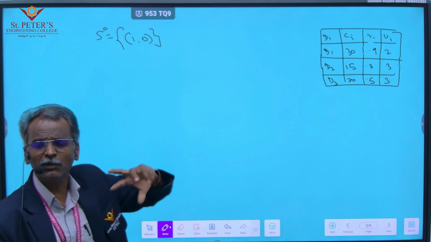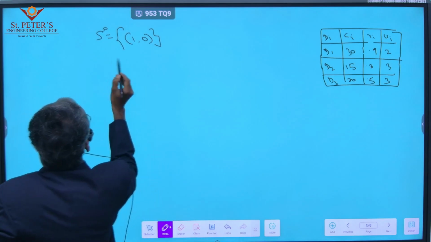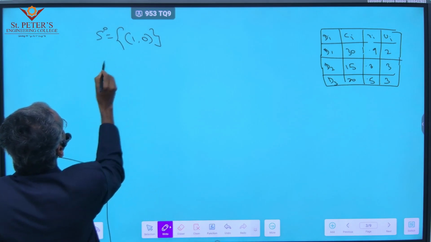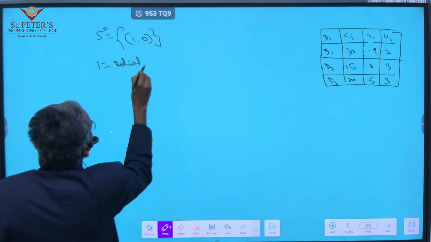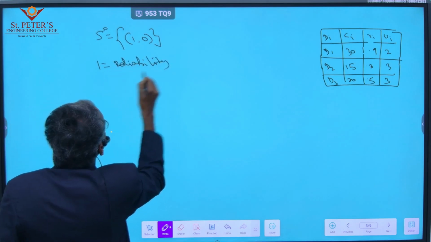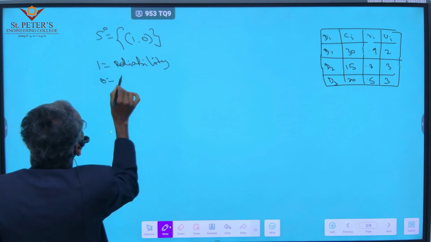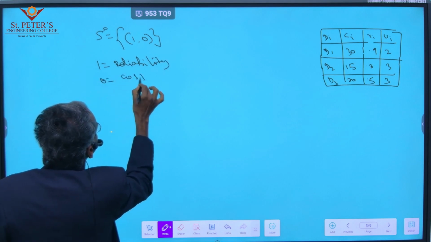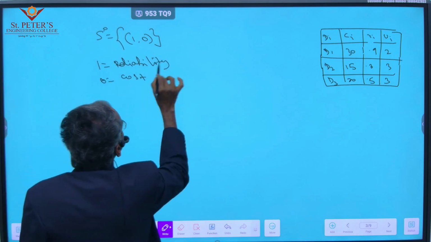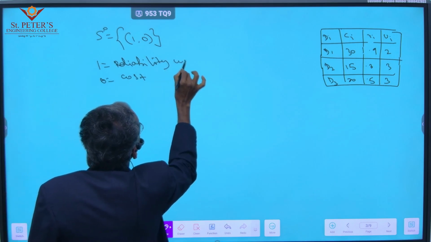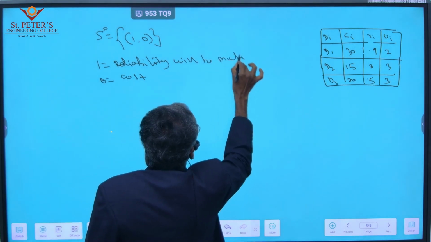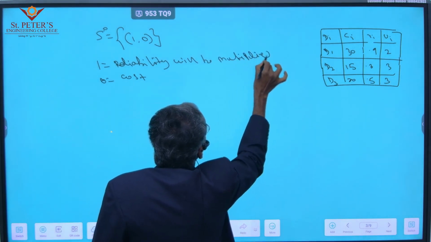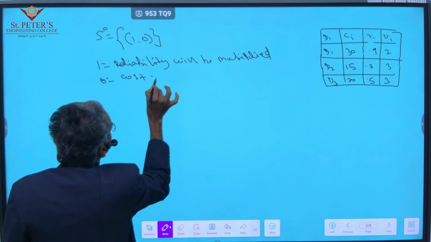The first one is reliability, the second is cost. This reliability will be multiplied and the cost will be added.